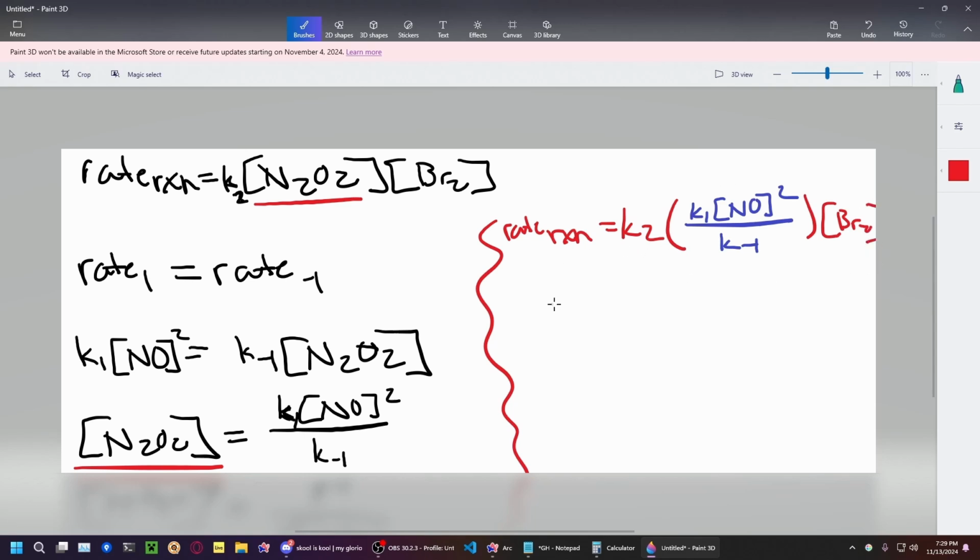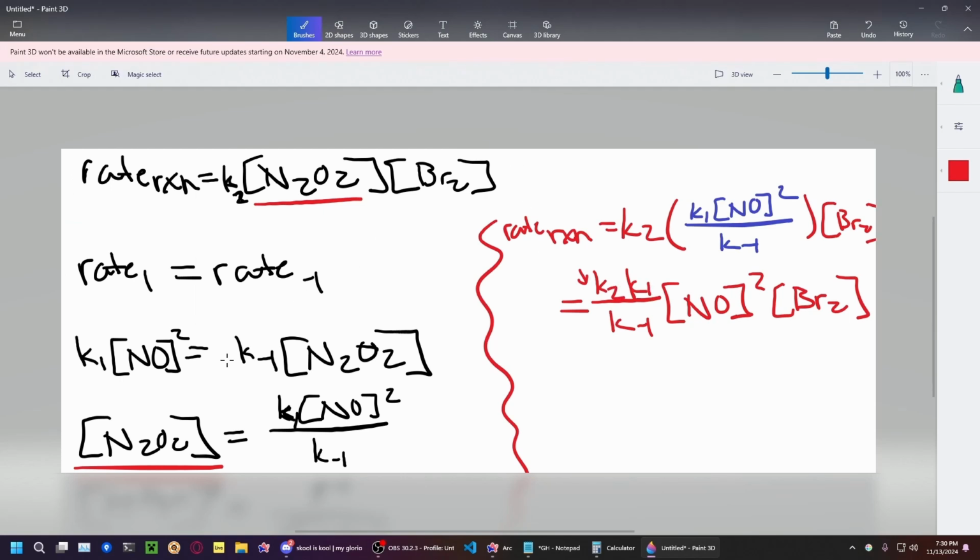Now I can simplify. I can say that the rate of my entire reaction is my reaction constant for the second one times my reaction constant for the first synthesis over my reaction constant for the first decomposition times my concentration of NO squared times Br2. And finally, I identify all of these are constants, but for different reactions. K2 is the constant for the slow step.